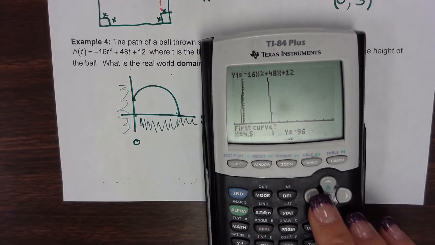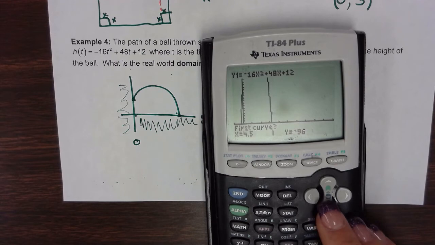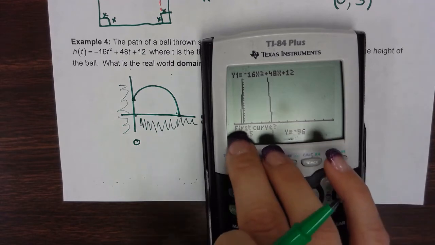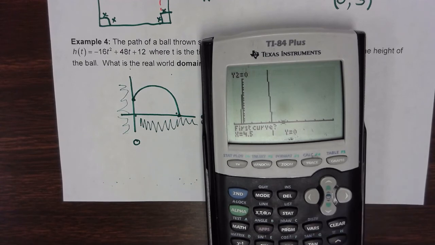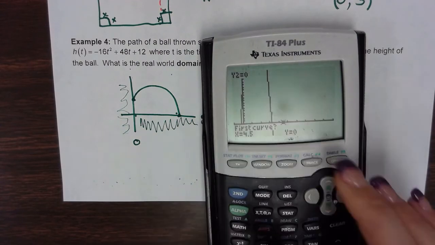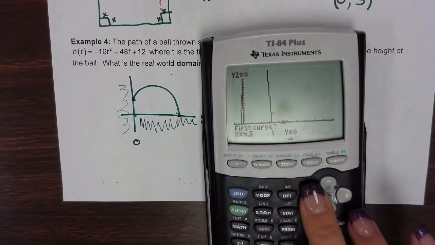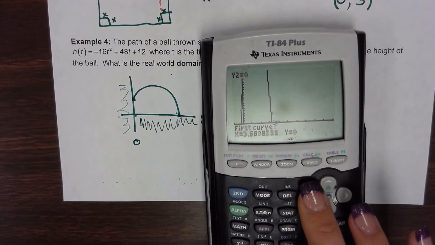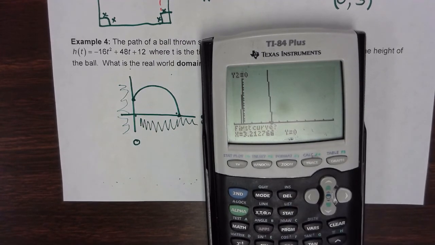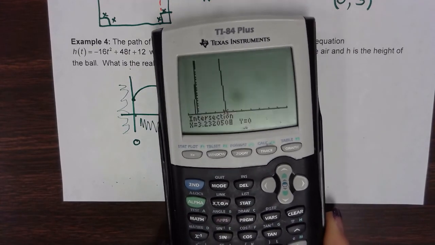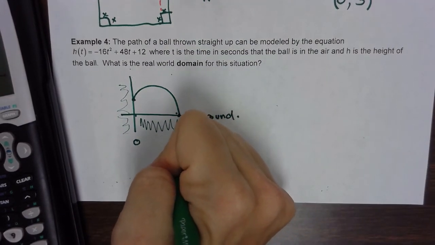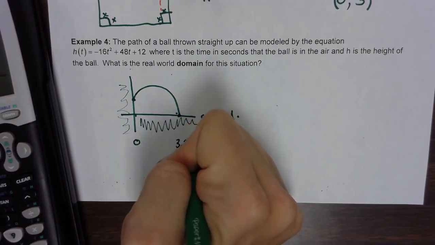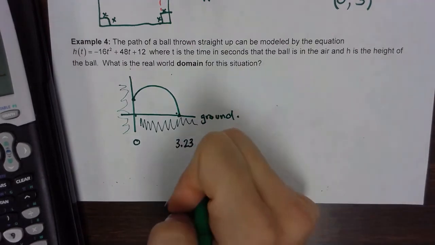I am going to make it follow the second y because I can't find the flashy dot. So I'm going to bring that down. So see, it's following the 0, and there it is. So I'm going to get it really close. 1, 2, 3 for the equals button. And so I get about 3.23, and then of course that's seconds.